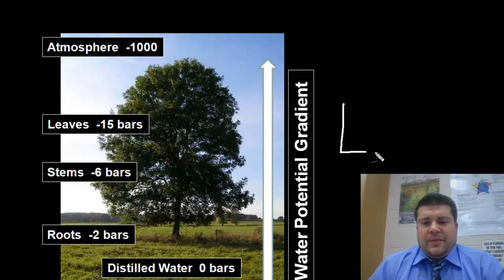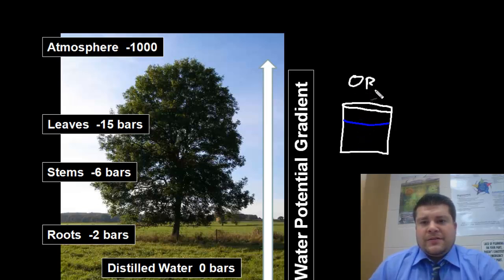So if we had a beaker, and this beaker was filled with distilled water, this distilled water would equal 0 bars. Okay? And 0 bars means that it has no solutes in it, and it is exerting no pressure on it.